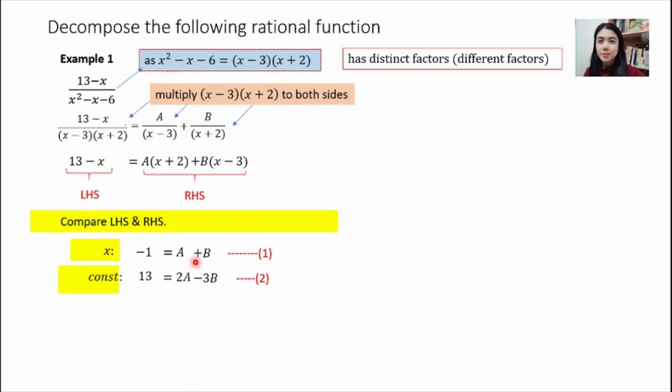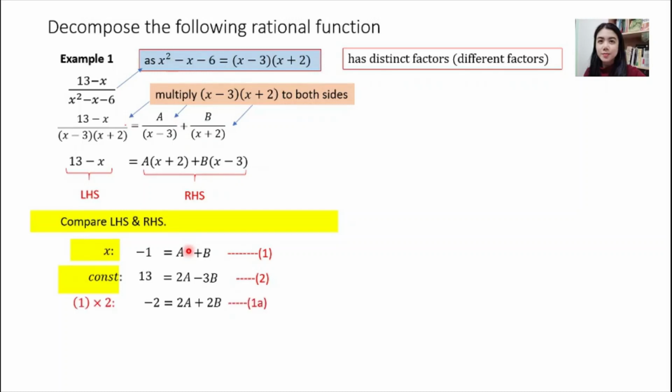What you have to do is try to make this one have the same coefficient as the bottom. So what you can think of is you have an a here, you have 2a there. So try to multiply equation number 1 with 2, so that you have 2a.